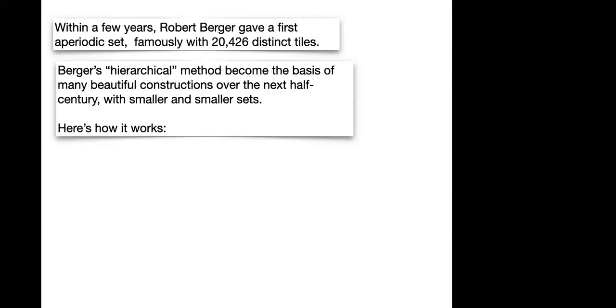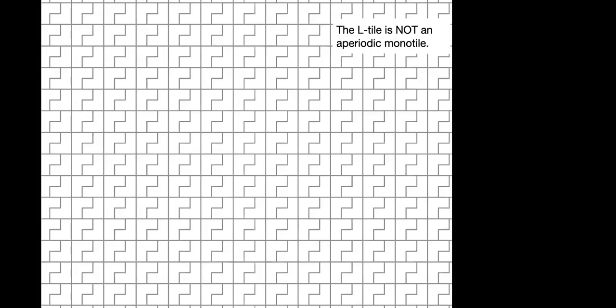I should add, though, that this is just one, like 0% of the possible methods, because we have this undecidability result. The point is that this has been very successful, like 80% of the literature, but it's also 0% of the possibilities. So the L tile is an example.